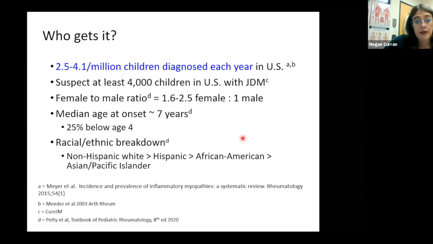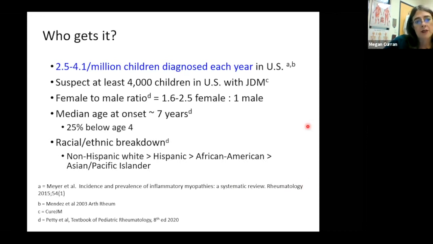So who gets myositis? And these numbers here refer to juvenile dermatomyositis because it is the most common type of myositis in kids. 85% of kids with myositis have JDM. So approximately 4 children per million are diagnosed each year in the United States.